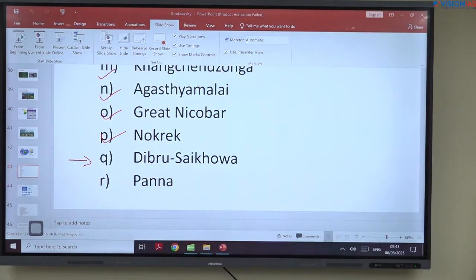Named after diamond mines which were present here earlier, situated close to Khajuraho temples.